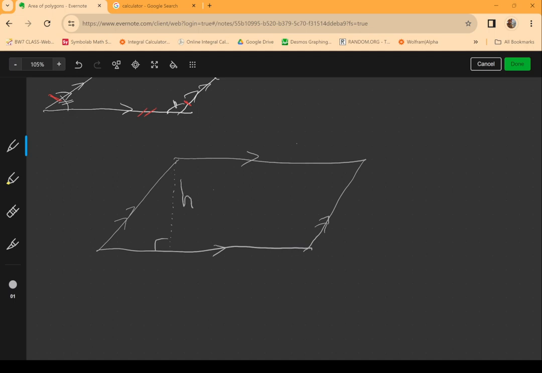So I can think of this here as almost like the base of the parallelogram, right? And the height of the parallelogram would be from the opposite corner there, dropping a perpendicular down to the base.